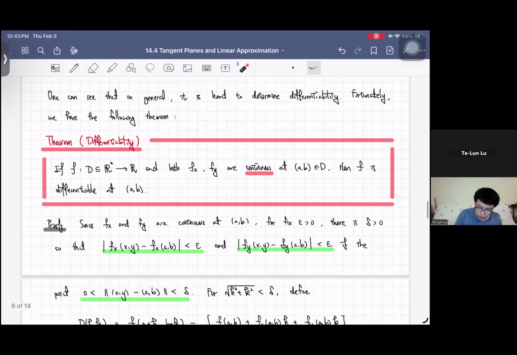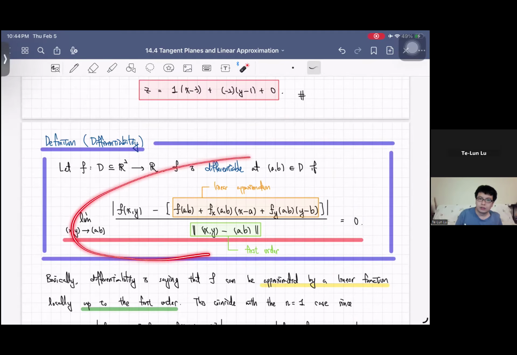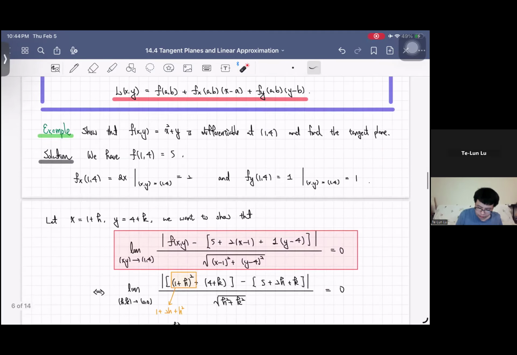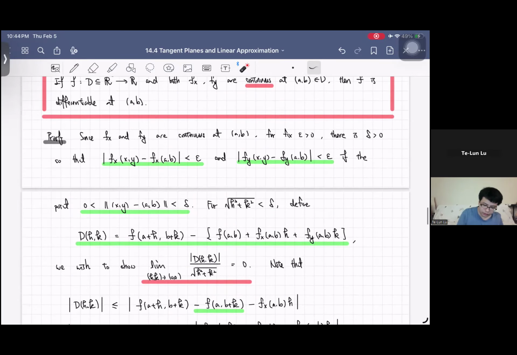Now we're interested in showing this limit goes to 0. So for convenience, let me define something above here to be D(h, k). So instead of (x, y) and (a, b), I used the difference flavor. I simply replace x minus a by h and y minus b by k.